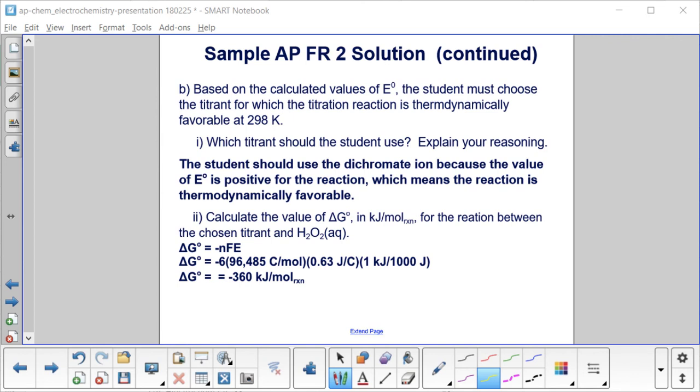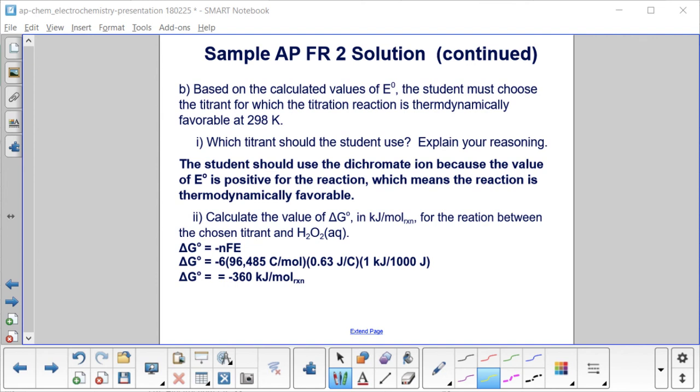Okay, so which titrant should the student use? The student should use the dichromate ion because you get a positive cell potential for that reaction, which means the reaction is thermodynamically favorable. We can calculate delta G using our equation minus N times F times the cell potential.